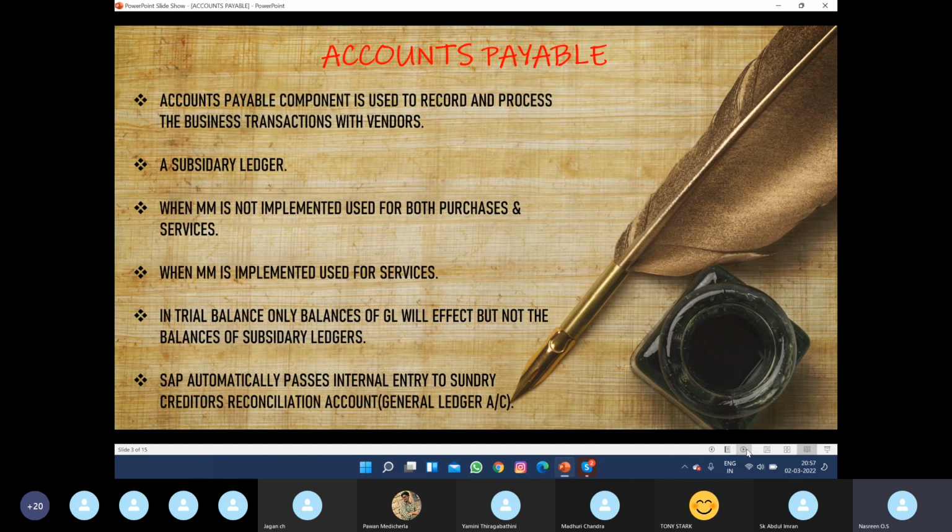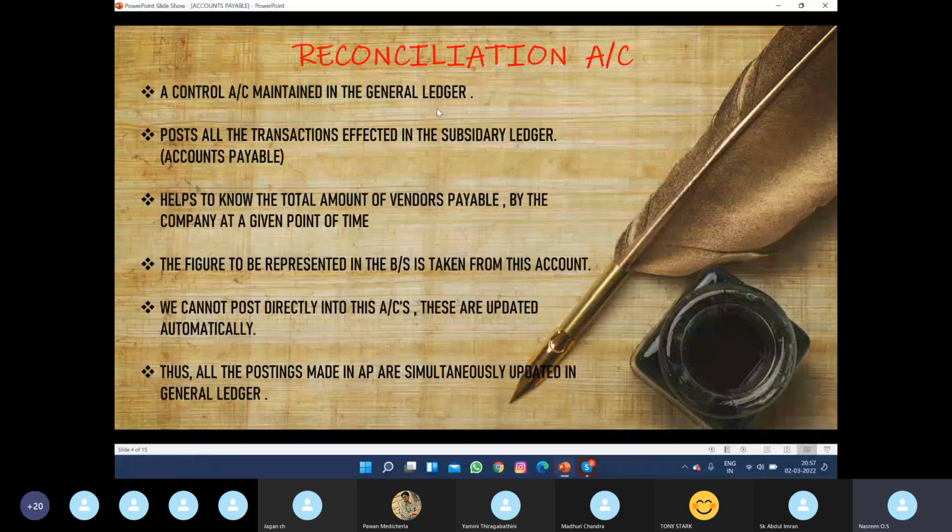It is an account which is maintained in the general ledger, which means it is a general ledger account. It is helpful in updating the balances of the vendors in the general ledger. It posts all the transactions affected in the subsidiary ledgers, which means when we post any transaction in our accounts payable, it gives effect to all those transactions in the general ledger also.